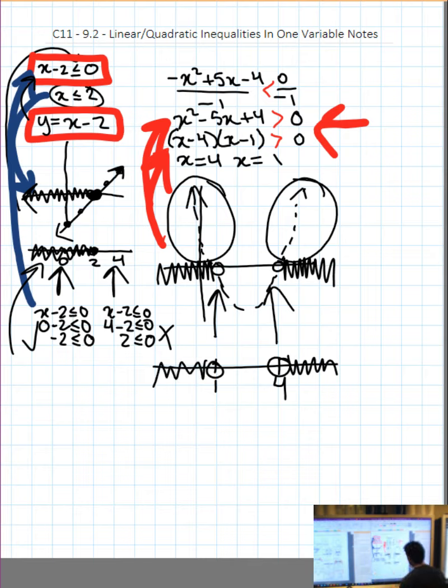And that knowledge, being able to graph it, and just think, when is the thing greater than 0? Off to the right, we're going to do the example where it's less than, and we're going to circle below, and it's going to be a different type. Either way, let's answer this question.